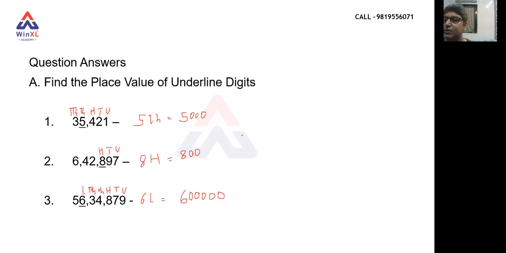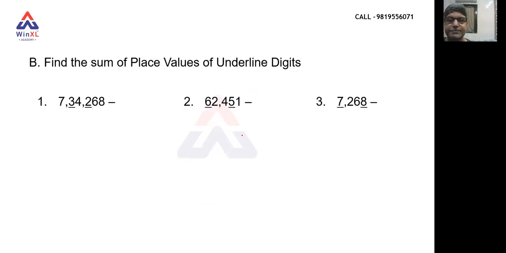Now we will go further. Find the sum of the place values of the underlined digits. So again, we have to write the places of the digits. Here we write unit, tens, hundred, thousand, and 10,000.